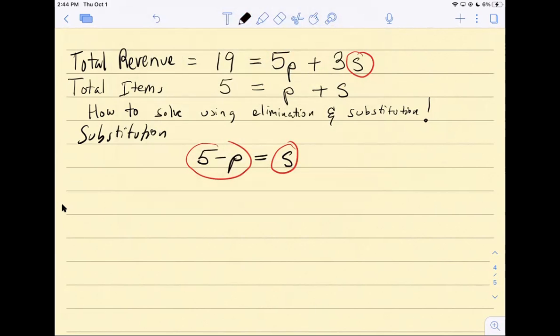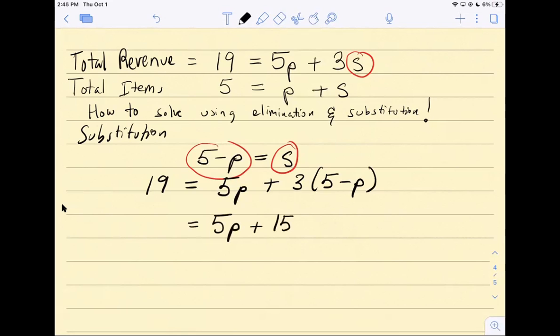So you get 19 equals 5P plus 3 times 5 minus P. And then I just multiplied the 3 to 5 and negative P. And I rewrote the whole thing again. So 19 equals 5P plus 15 minus 3P.